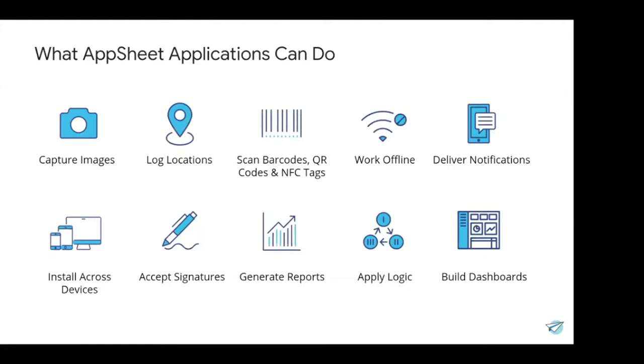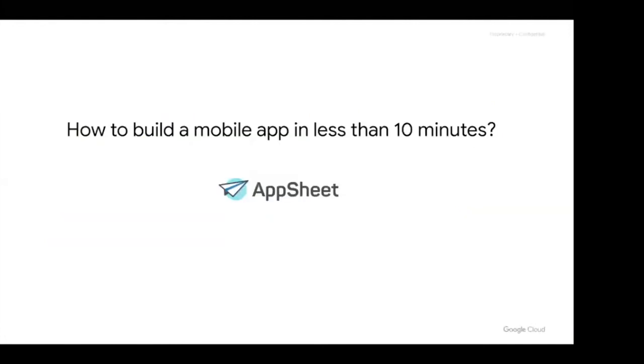The signature part is including an optical character recognition and a machine learning application. It is not available in the free version, so we can't do it today. We will use the free version, but it is available in the professional version if you need to build something with signatures.